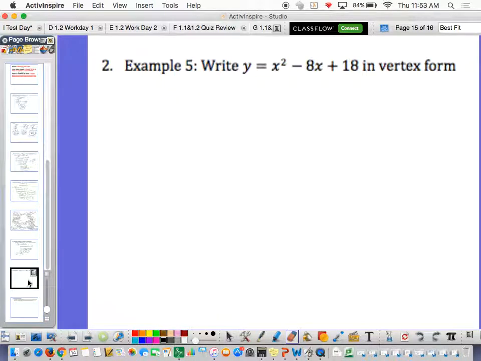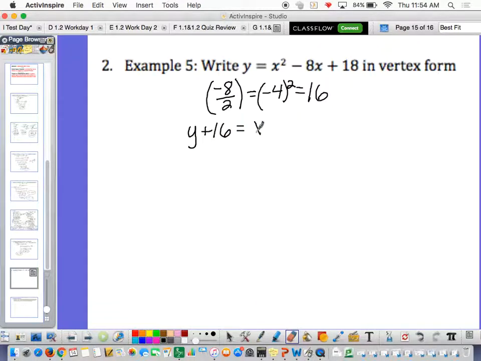Okay, let's do another one of those. 18 does not create a perfect square trinomial there, so that means we have to make one. Negative 8 divided by 2 is negative 4. Negative 4 squared is 16. So we've got y. We're going to add 16 to the other side here in a second, so we might as well just go ahead and write that.